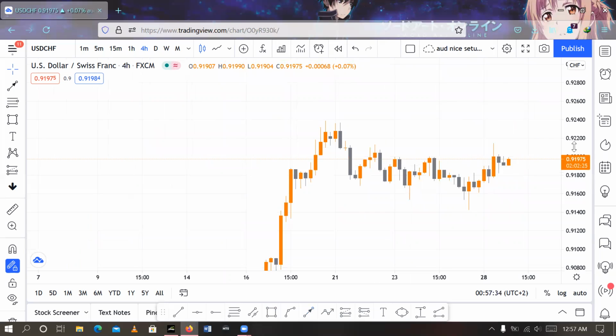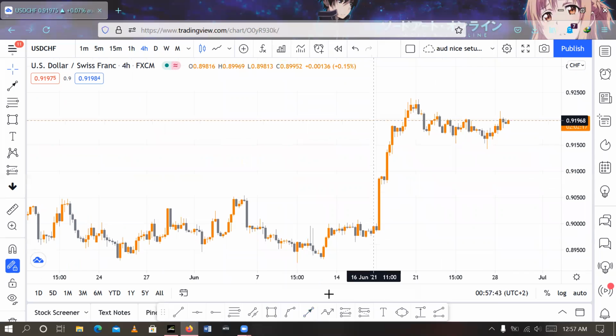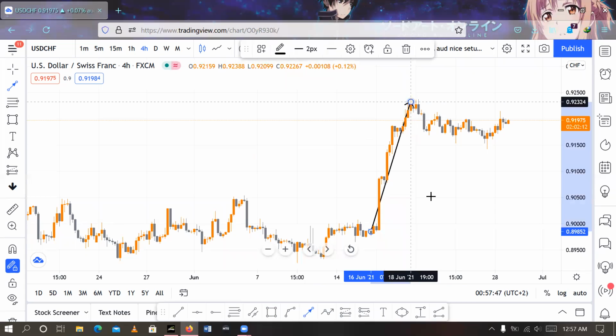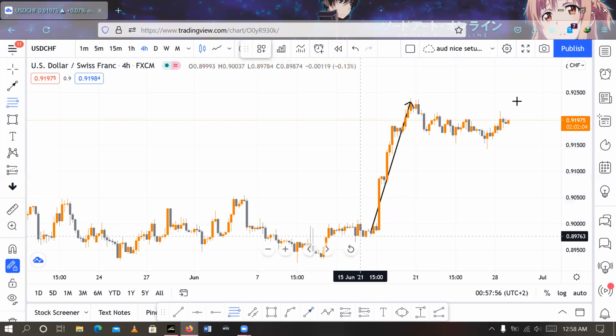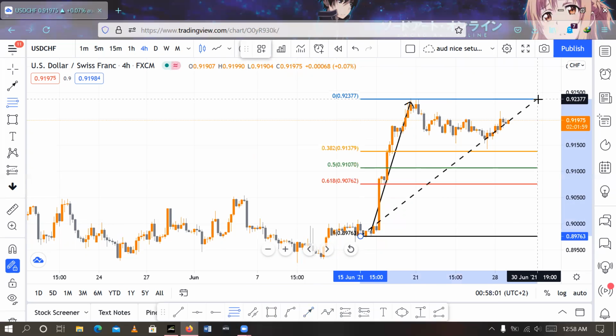We had identified that this pair had actually pushed and broken levels here with a huge impulsive move, right? So what we had to wait for, it was either the 38.2 retracement level or one of these levels being retraced to, right?